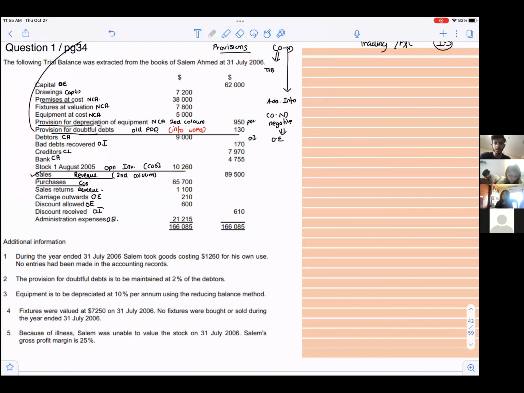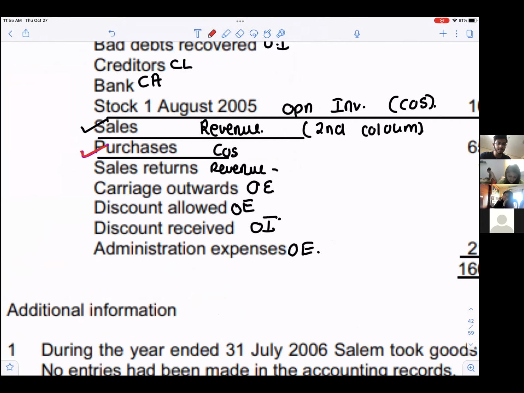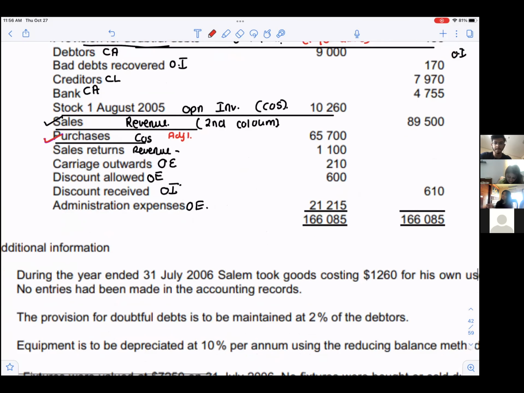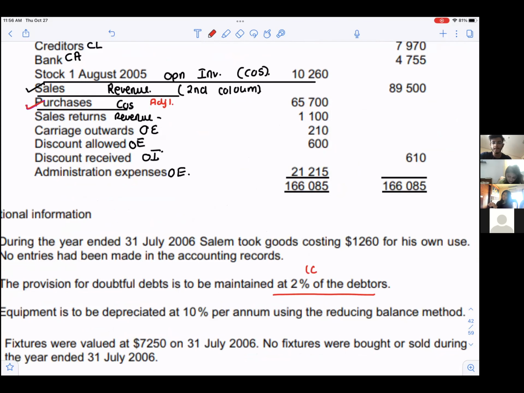So what did we do? All this information that we are doing is markings. In the purchases, we did one marking, I am putting this in red. There was adjustment number 1 that has to be adjusted in the purchases. Are you all with me? Provision for doubtful debts would be old minus new.